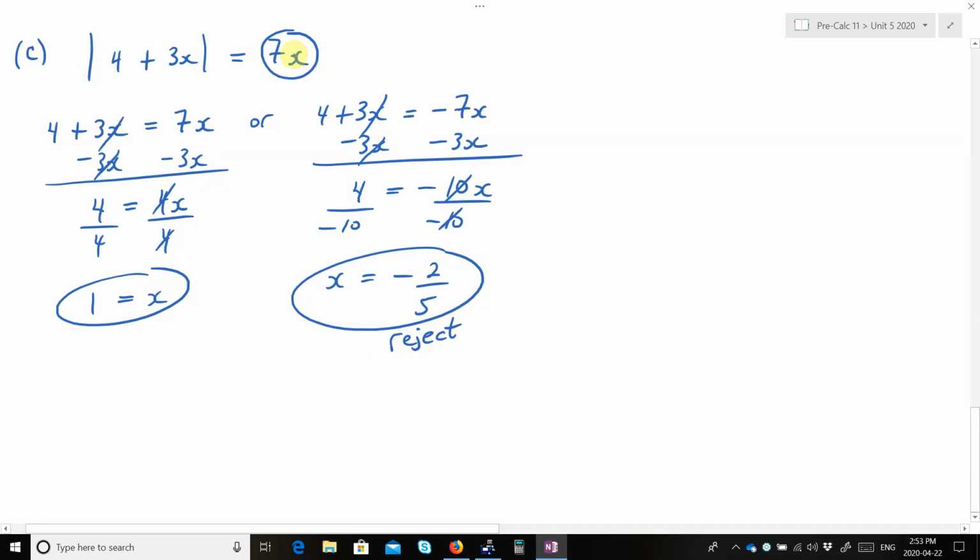The x equals 1 seems to work because we would get 7 on the right-hand side, and 4 plus 3 times 1 is 7 in absolute value bars, which is equal to 7. So this one seems good. That one doesn't work.